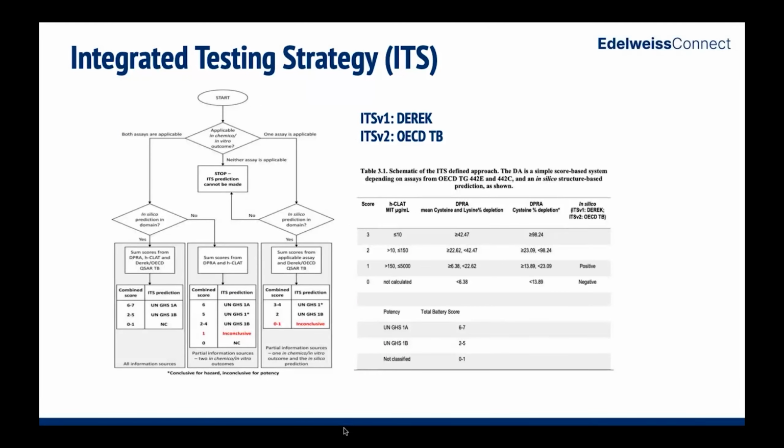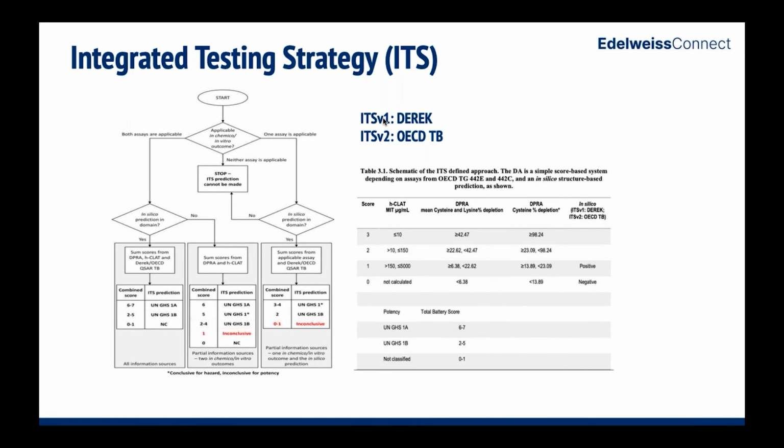The second defined approach is the integrated testing strategy, and within the guideline there are actually 2 different versions, ITS V1 and ITS V2. As I said, it is the first time 2 in silico software have been used for hazard assessment. So these 2 versions are dependent on which software has been used.